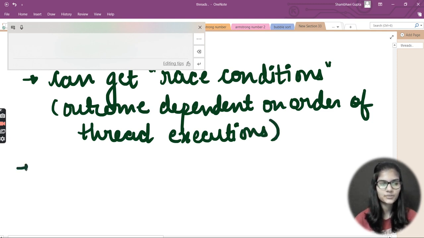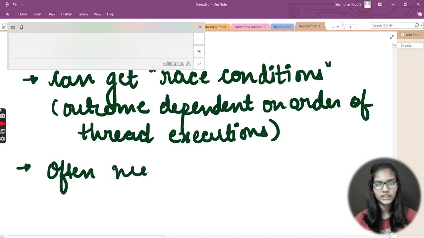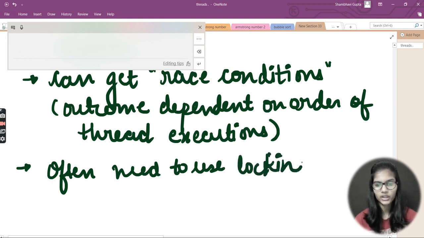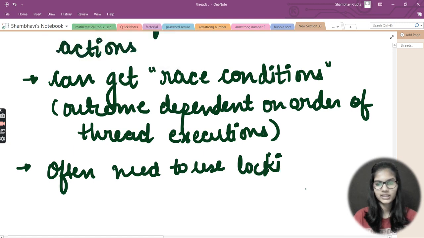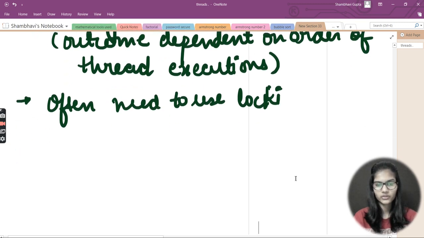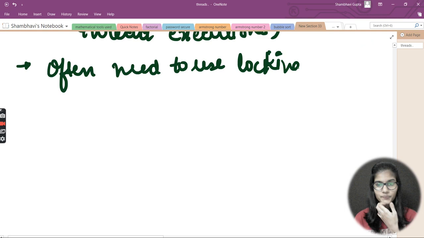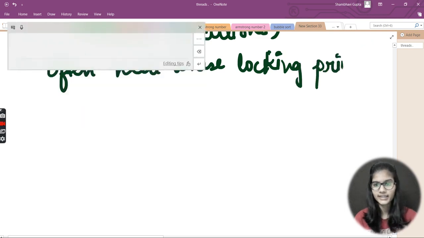Now the third thing that comes here is that they often need to use locking primitives. Let me write that: often need to use locking primitives, like this.